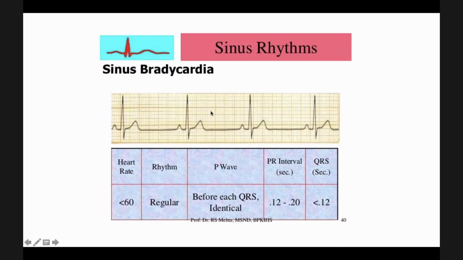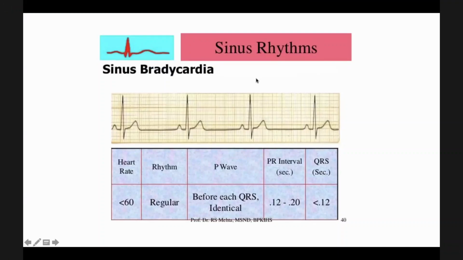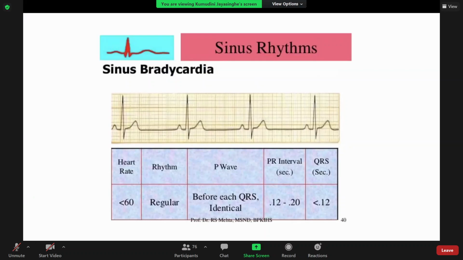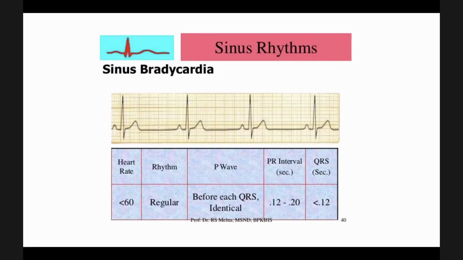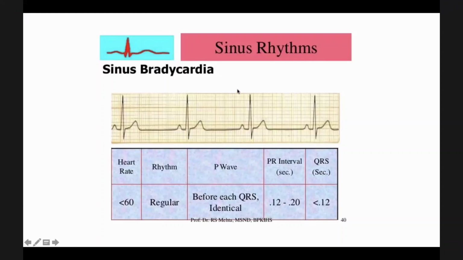What are the causes of sinus bradycardia? Tell me a few causes. Sick sinus syndrome, yeah, one thing is sick sinus syndrome. Physiological in an athlete, madam? Yeah, very good. It could be in athletes.